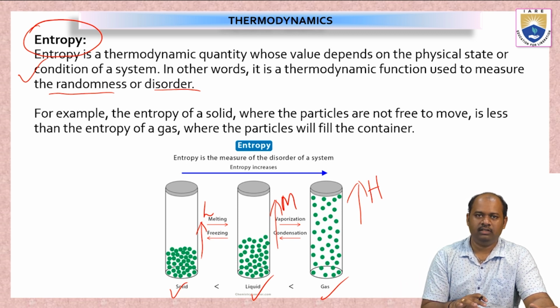When we take the matter, any state of matter, the particles are arranged randomly. If this arrangement is very random, like if the particles are not evenly distributed, then the system is said to have more entropy. Simply we can understand from here if we take the example of water, ice and steam.